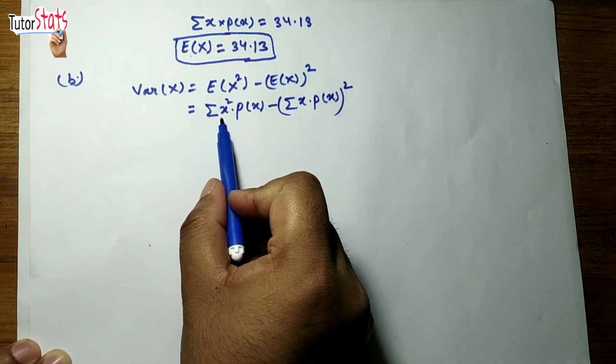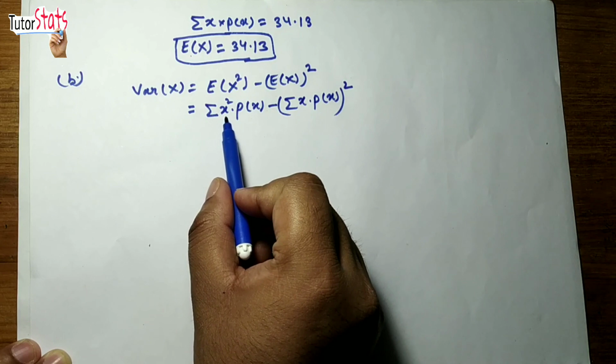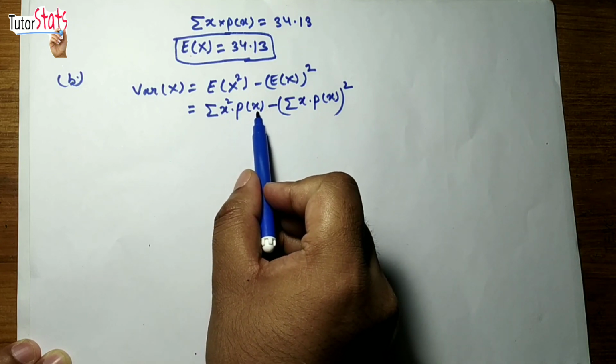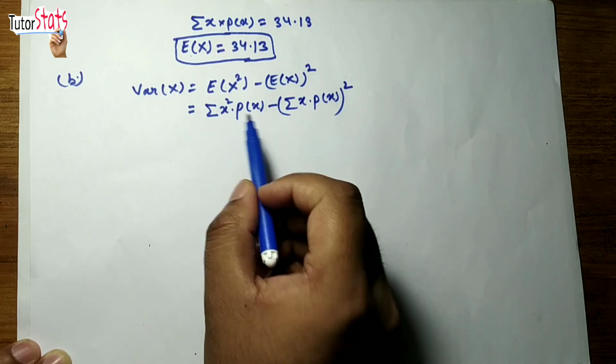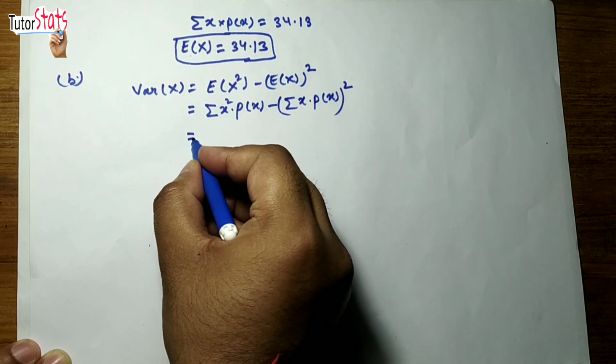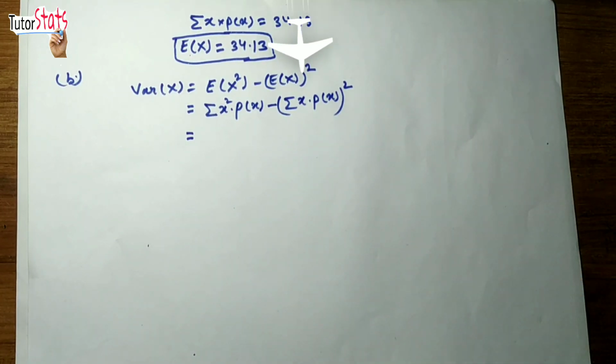Now we will calculate the summation value of x square into p of x by using Excel.